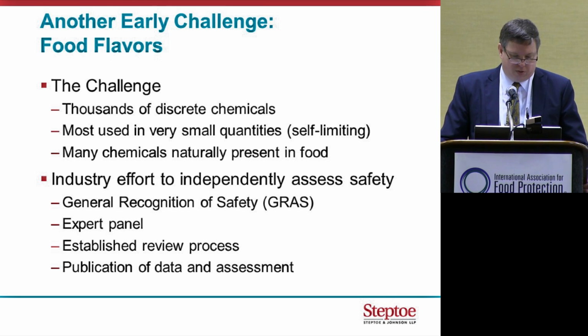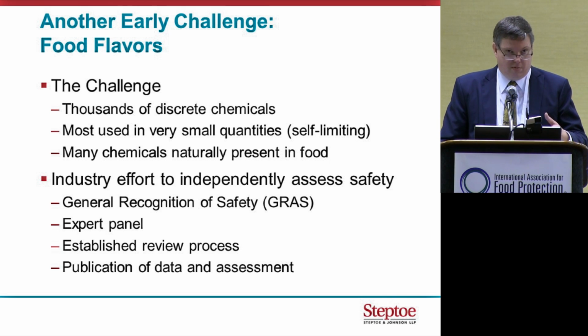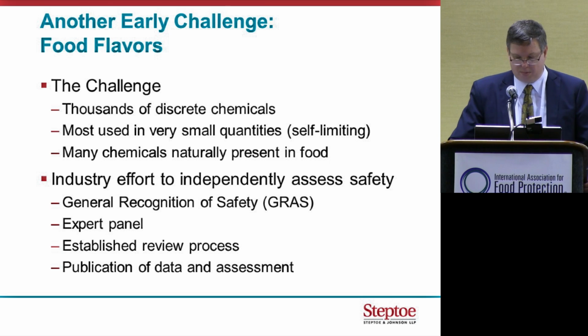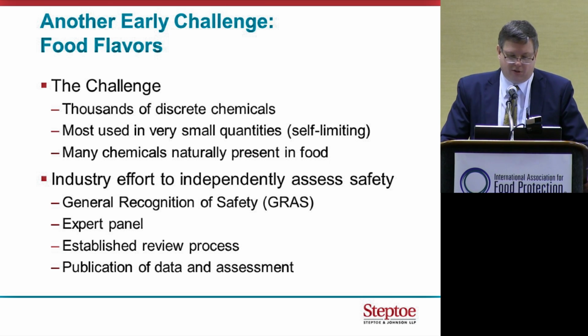With respect to foods, and I think Sean is going to talk a little bit more about this, with respect to flavors, the industry decided in the late 1950s that they were going to take advantage of the ability under the U.S. Food and Drug Law for manufacturers to make determinations that the use of a substance is generally recognized as safe based on publicly available information or based on history of use.